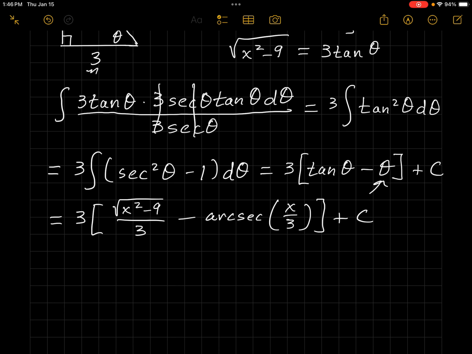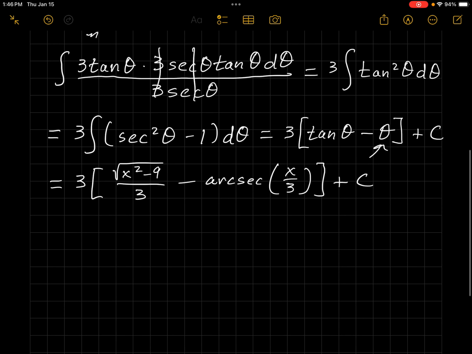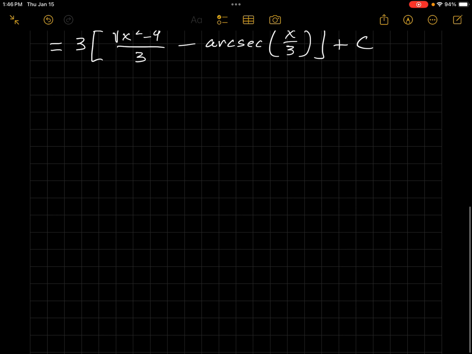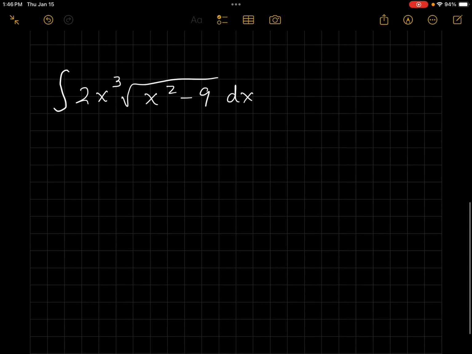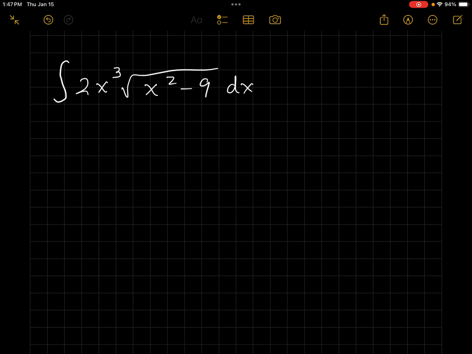Let's take a look at one more example. Let's do the integral of 2x cubed times x squared minus 9 square rooted, which looks a lot like an arcsecant, sort of.